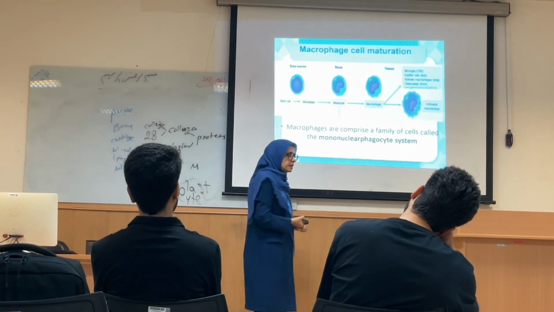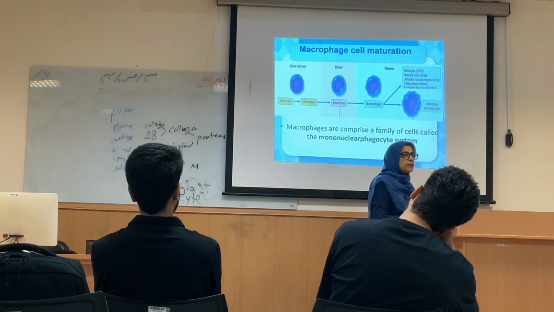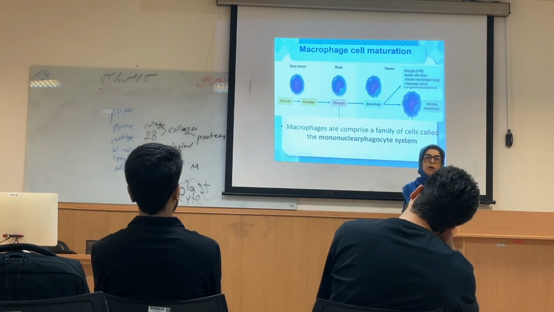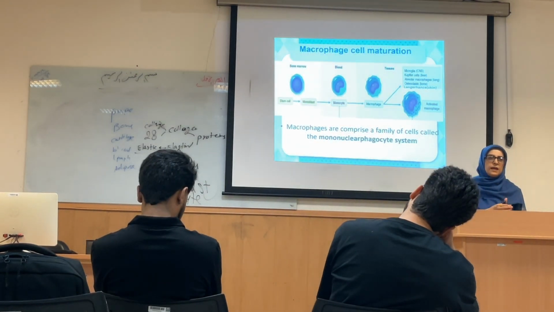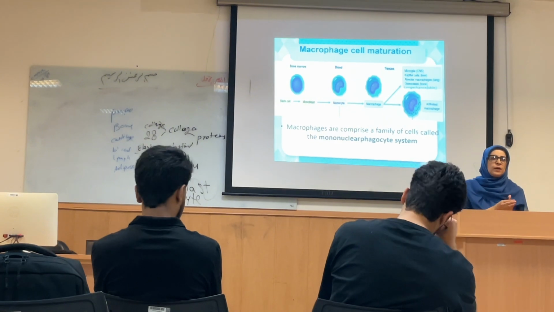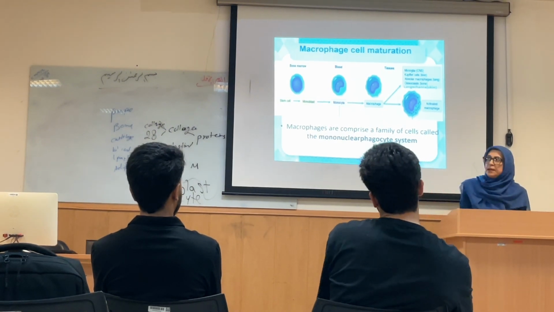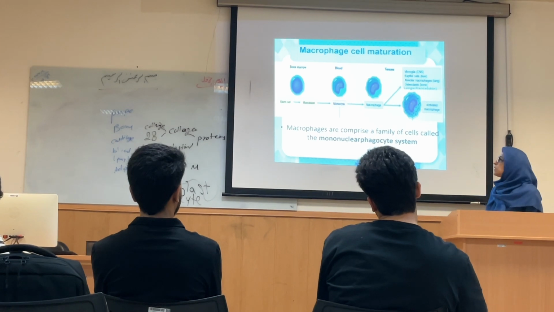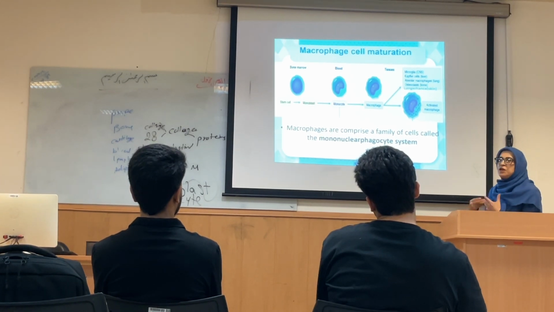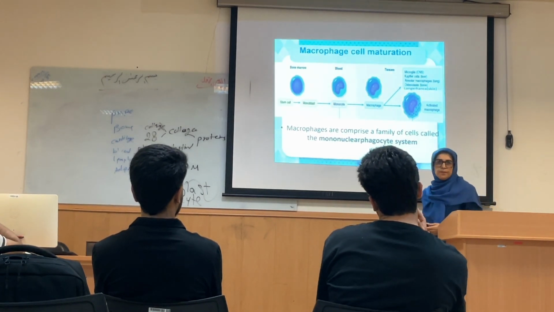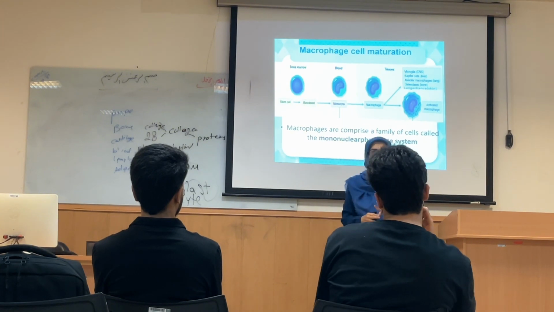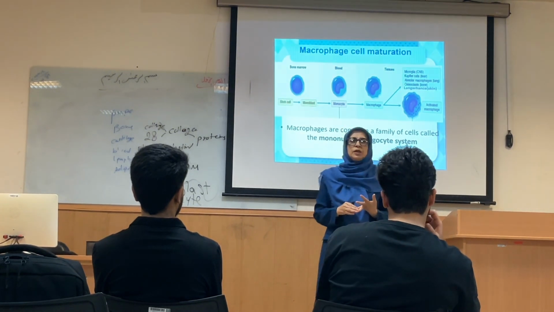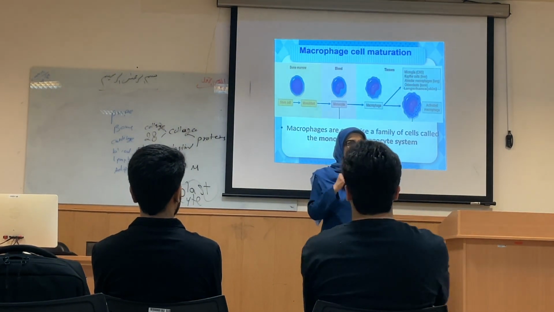Macrophage is one of the cells that are in connective tissue, but they originate in the bone marrow, then go to the blood as monocytes, which are the biggest cells among blood cells, and then they migrate to other tissues. The monoblast differentiates to monocyte in the bone marrow and migrates to the blood.